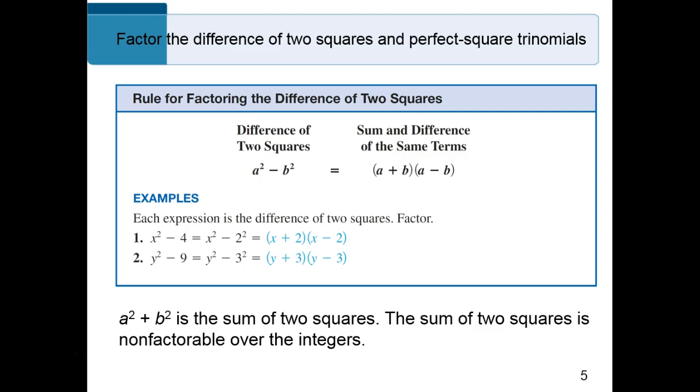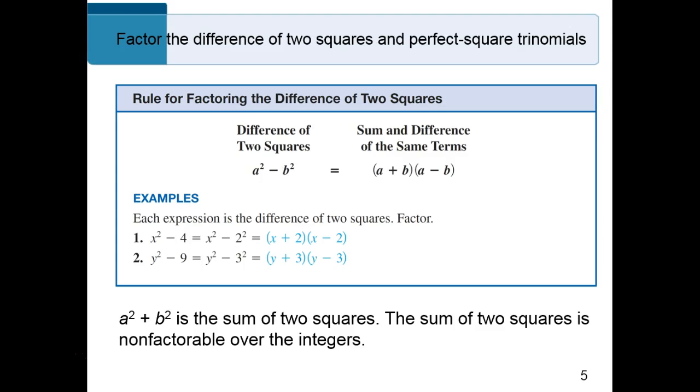How about this one? Let's try it. A plus B. Oh, wait, no, if I do that one, it's going to give me this answer.